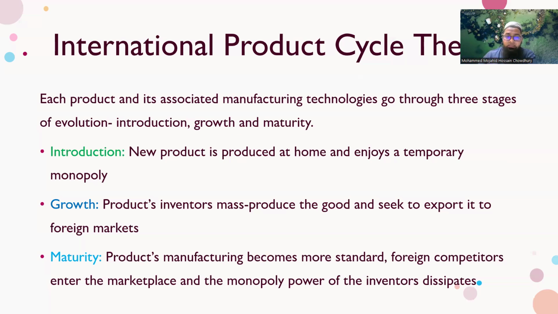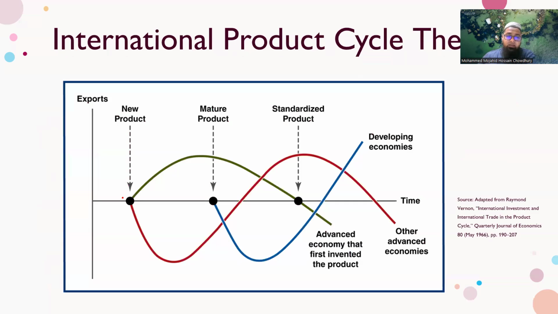So let's have a look at this. This is the inception of the product, and this green line is the country that has innovated or invented this product, or is coming up with this product.